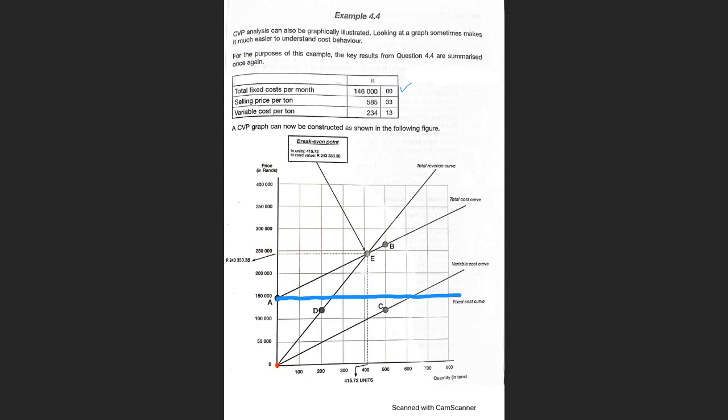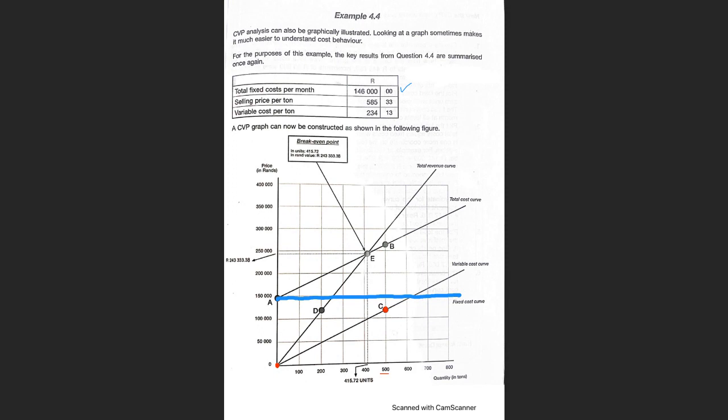So at a zero level of production, the total cost will also be zero. This is why it starts at your origin. And then you will need to plot one other set of values on the graph so that you can draw out that line. Here, as you can see, they've used point C, where the production level is 500 units.